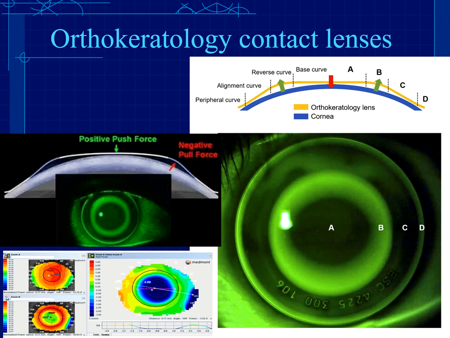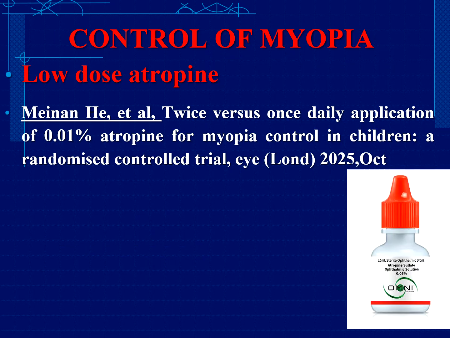However, the price of this kind of lens is very high, and also prescription of this kind of lens needs many instruments, and very educated optometrists should know the method of prescribing this kind of lens. And in many countries and many places, this kind of lens may not be available.